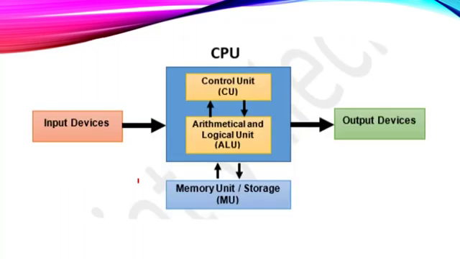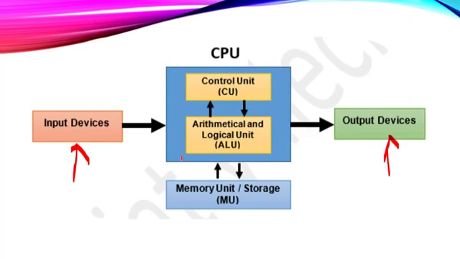Now let's begin. Here we have this simple flow. In this diagram we can see the input devices over here, then the center part is termed as our CPU, and then over here we have the output devices. In general, as I have told you earlier, our computer works on the IPO cycle. In the IPO cycle, first we give some inputs, then the CPU processes the inputs, and then it generates the output, and that output is given to the output devices.